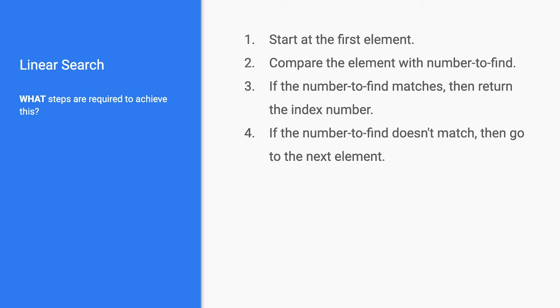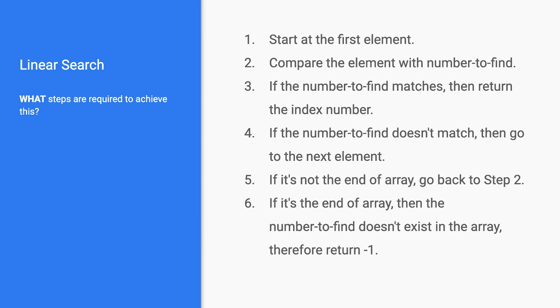If I'm not able to find that number, then I need to go to the next element and basically repeat the steps starting from 2. Once I have gone through the whole array and the number is not found, then my algorithm should return -1. That is step number 6.